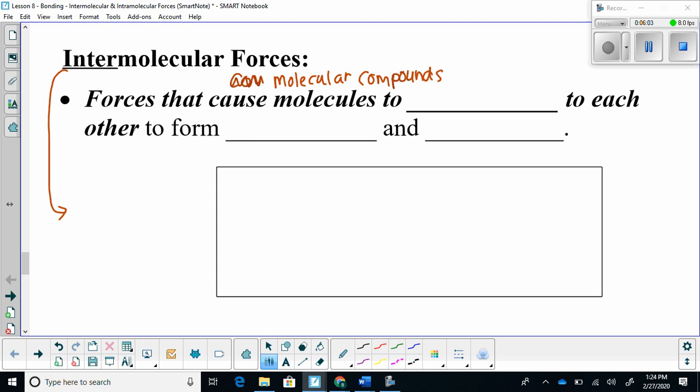It's leaving the molecule to make an international connect. Those are two ends. Inter. These are forces that cause molecules to attract to each other to form solids and liquids.